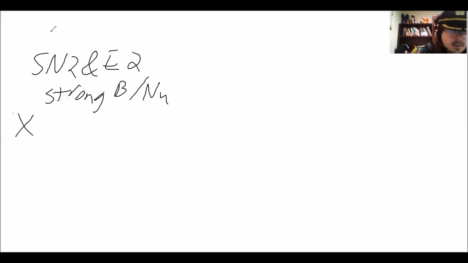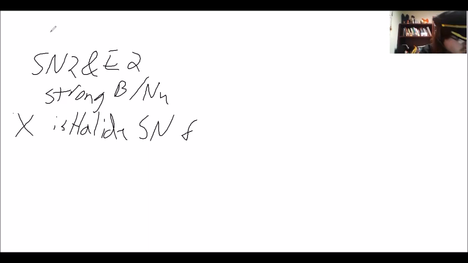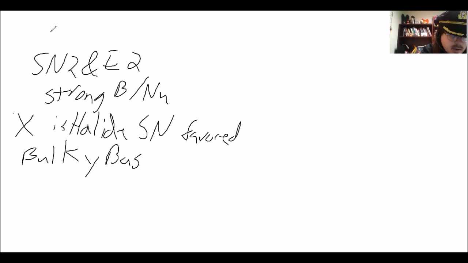If X is a halide, SN is favored. Good. Bulky bases favor E.